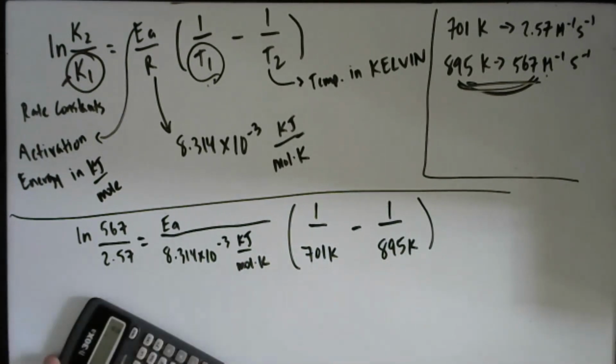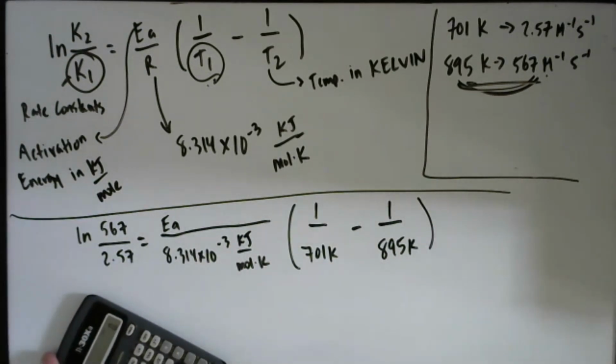So I'm going to walk you through how I would solve it if this part is confusing to you. So we have 1 divided by 701 minus, and I'm going to put this in parentheses, 1 divided by 895, close parentheses. Okay, and I get this number.